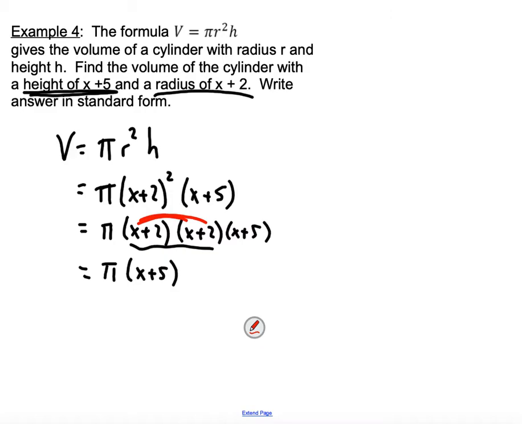X times x is x squared. X times 2 is 2x. Distribute the 2 through, you get 2 times x is 2x. 2 times 2 is 4. Combine those middle terms.